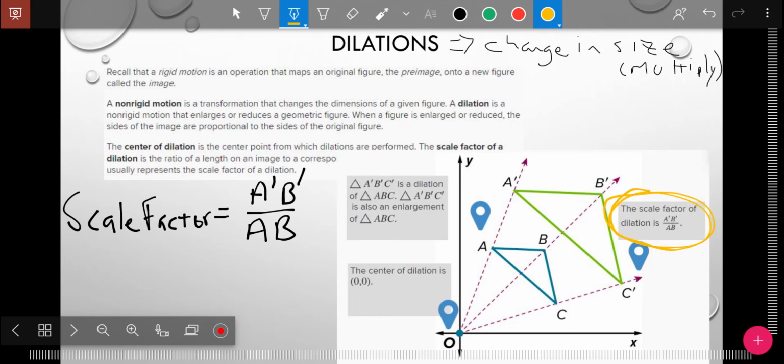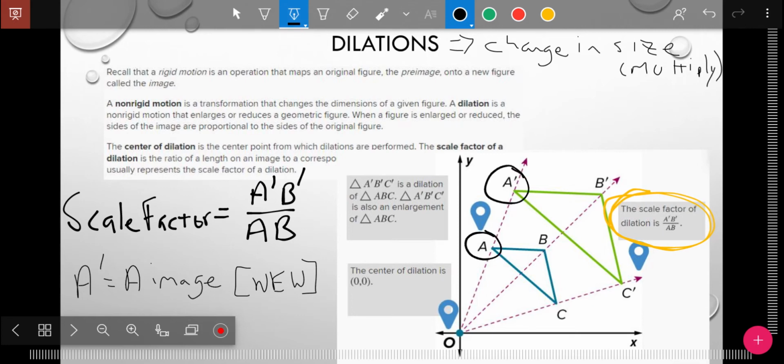Now, if you do not recall, A image is how I would say that, or I could say the image of A, and it is the new one. When I look here at the picture, I have an A right here and an A image right there, which means A, just regular old A, is the original.